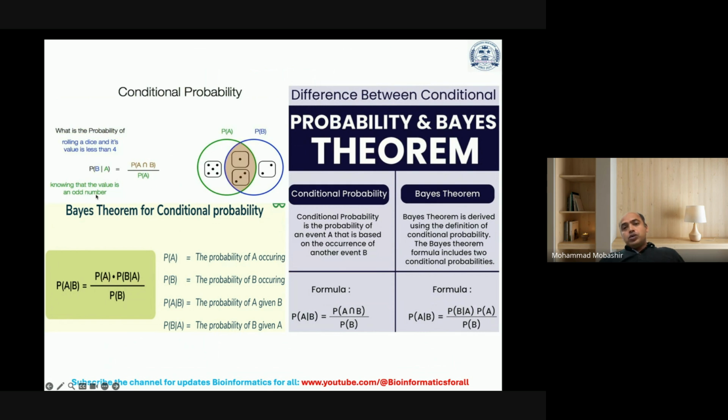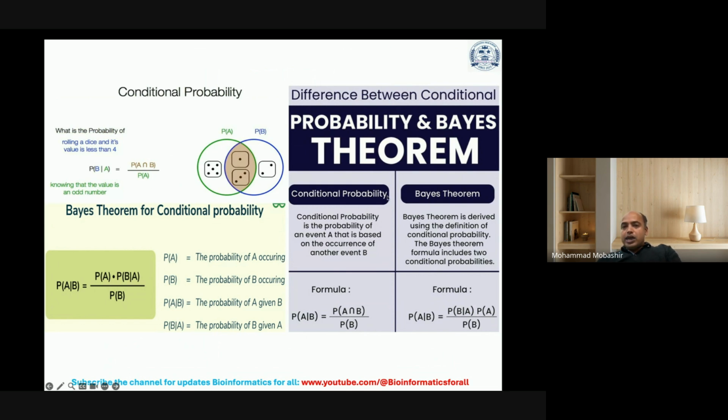Now you can also go for some kind of differences between conditional probabilities, as you can see here, and then Bayes theorem. This is one of the theorems which is used to handle the issues related to conditional probability. So now I am coming to the point. Bayes theorem is derived using the definition of conditional probability.